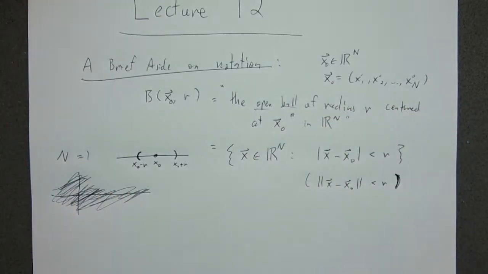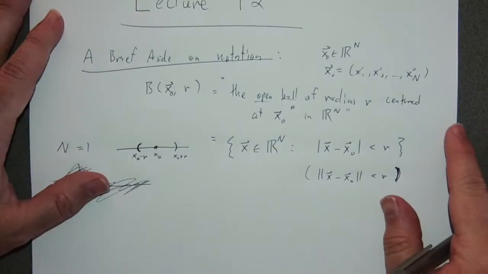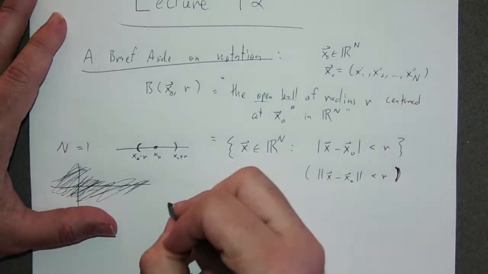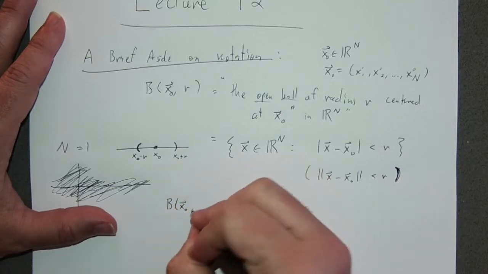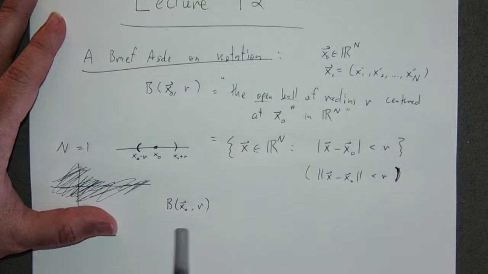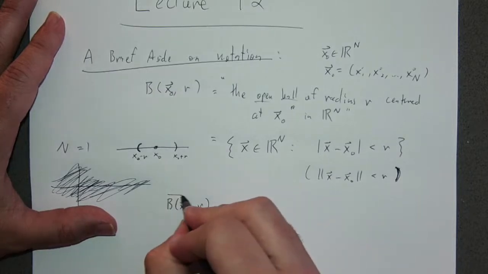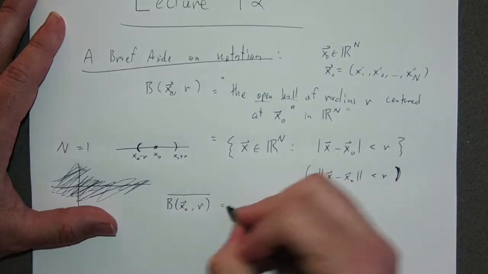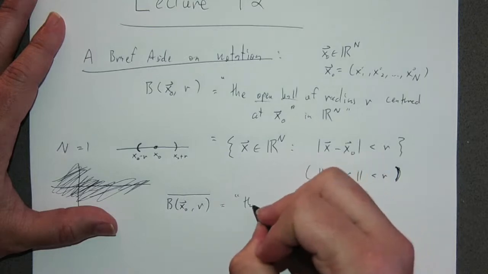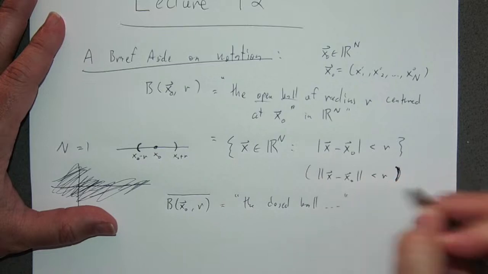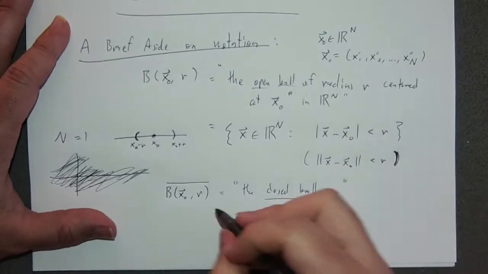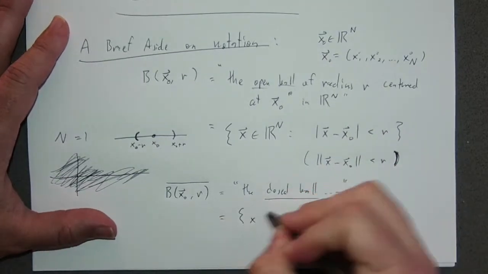So this is the open ball. The closed ball of radius r can be written in this way. So the closed ball of radius r centered at x naught in Rn can be written like this.